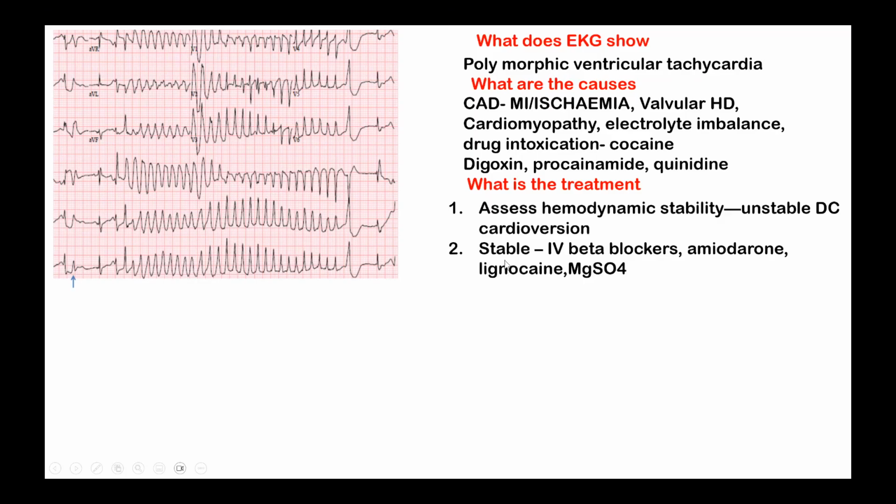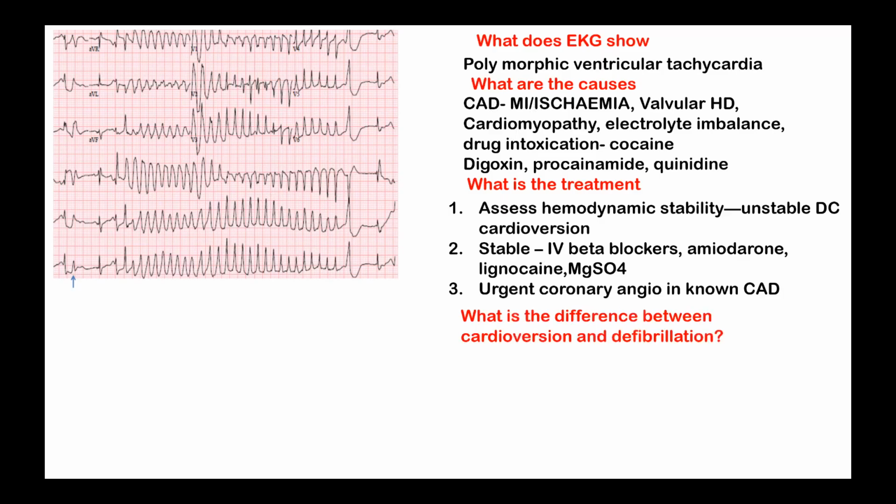If the patient is stable, give IV beta blockers, amiodarone, lidocaine, or magnesium sulfate. And if coronary artery disease is there as a history or additional information, immediately go for emergency angio and open the block.